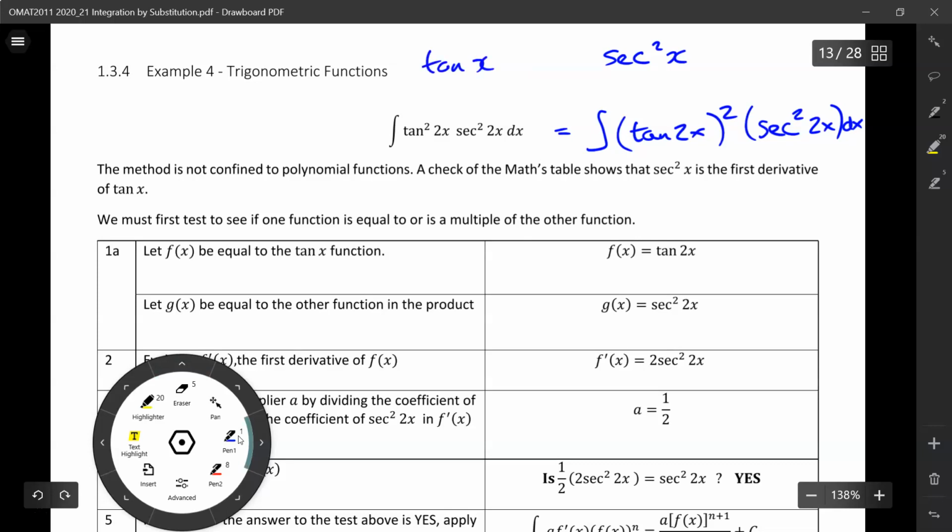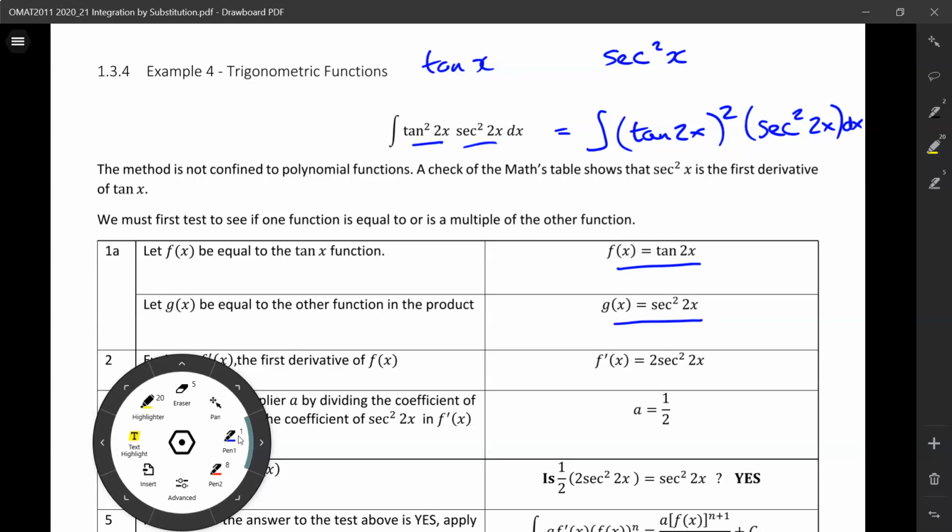So if we look at this one here, you have to know that, you have to be able to recognize that. If you see a product of two trigonometric functions in one of these questions, you can be sure that one of them is the first derivative of the other, or a multiple of it. So f at x is equal to tan 2x, and g at x is the other function.